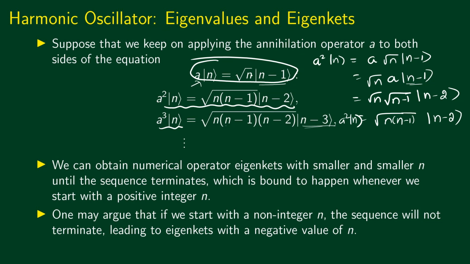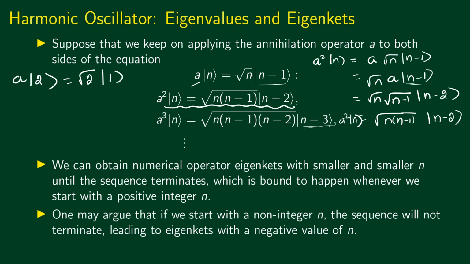Now we see that if we start with an n that is a positive integer, this sequence is going to terminate. For example, let's start with the state ket n equal to ket 2, or n equal to 2. And let's apply the annihilation operator to this state, a acting on ket 2. This is equal to square root of 2 multiplying ket n minus 1, that would be ket 1.